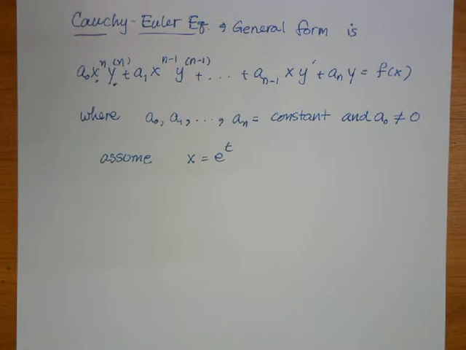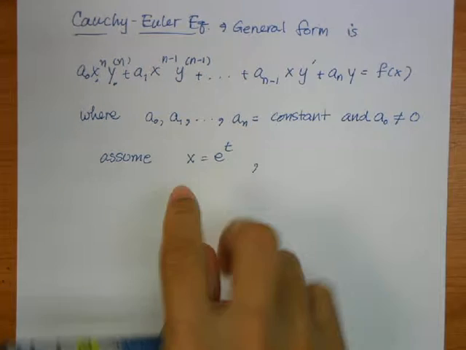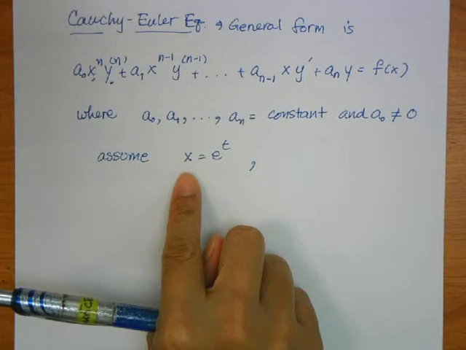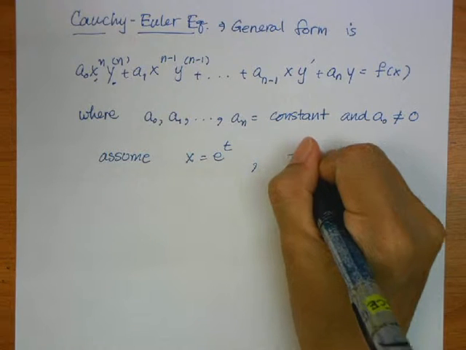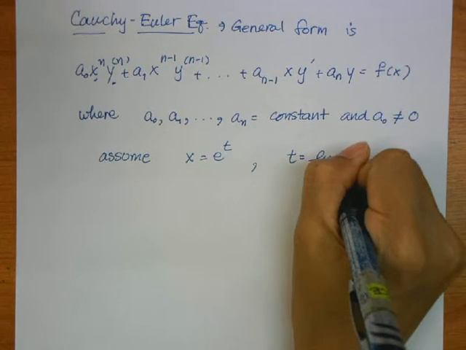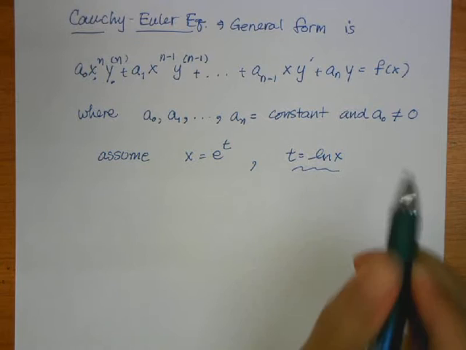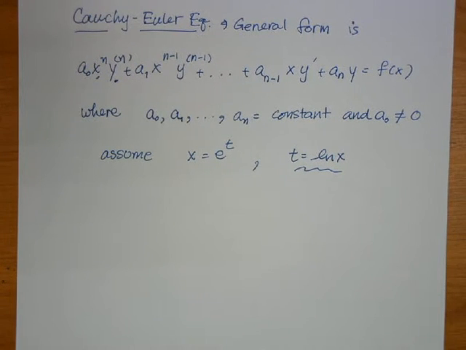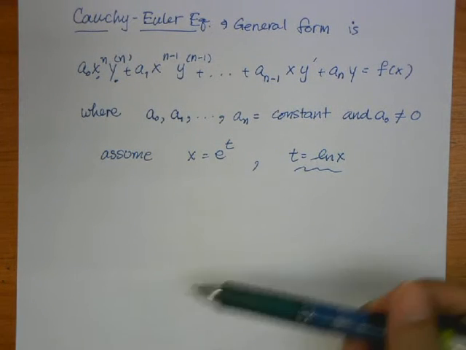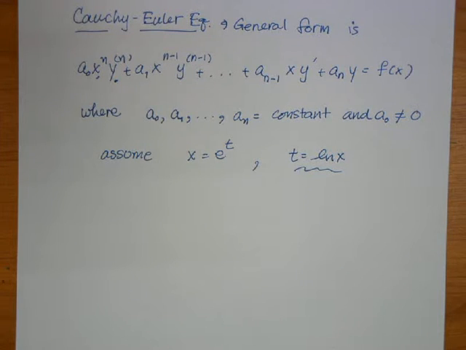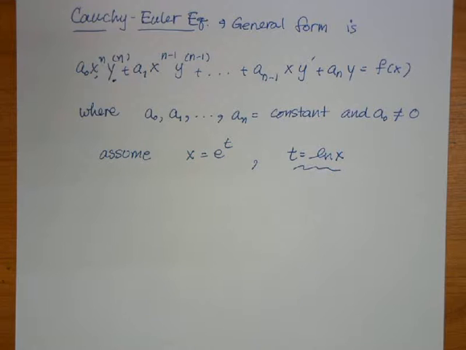From our assumption, we get t equal to ln x. This is for the end: whenever we finish, we are going to write the equation in terms of dy by dt, so at the end you get the answer in terms of y and t. But you cannot leave the answer in t, because t is just whatever we assumed.